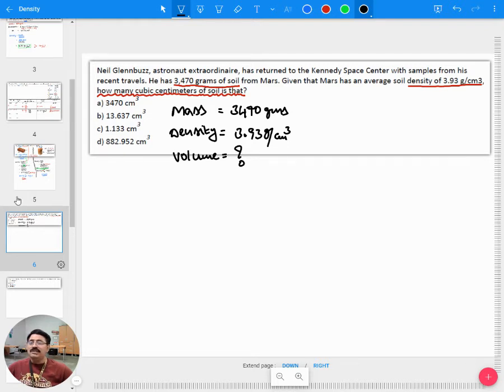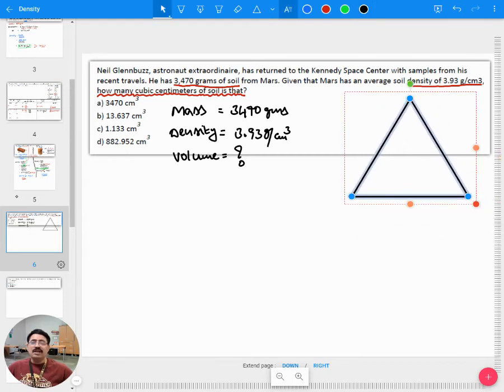Therefore, as I mentioned before, you may draw a magic triangle first. After drawing this magic triangle, inside this one, you take an English alphabet, let's say T. Then write the rule for density.